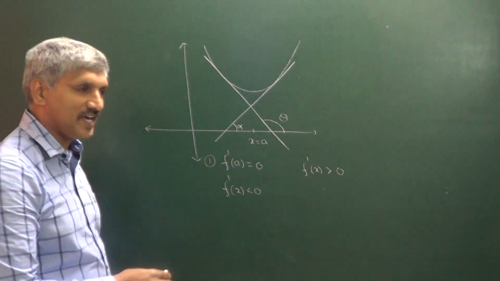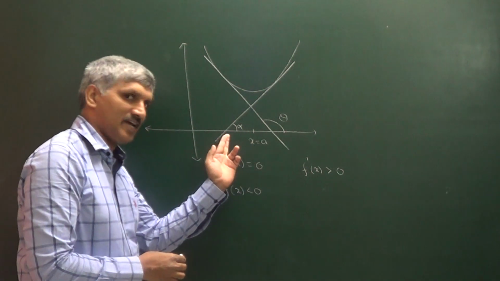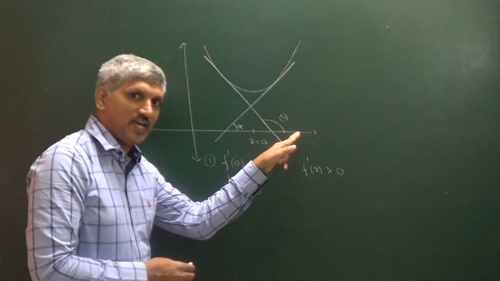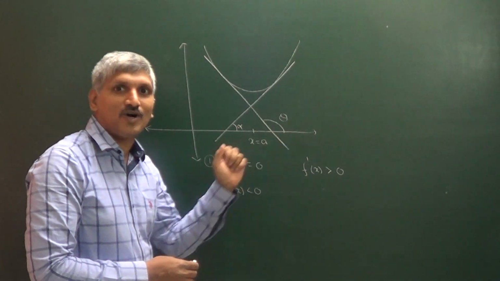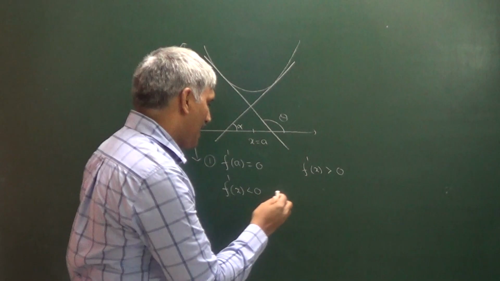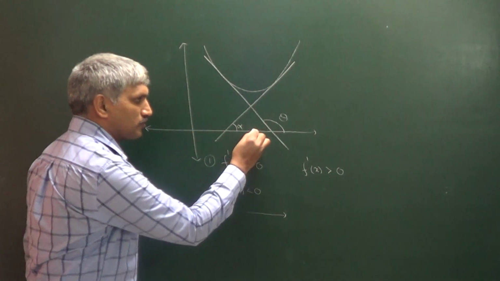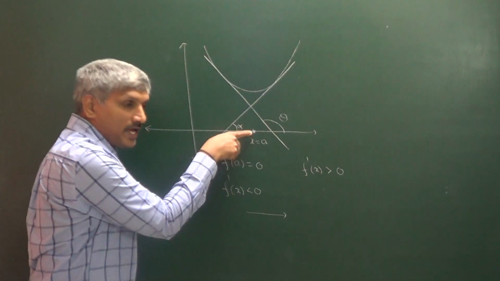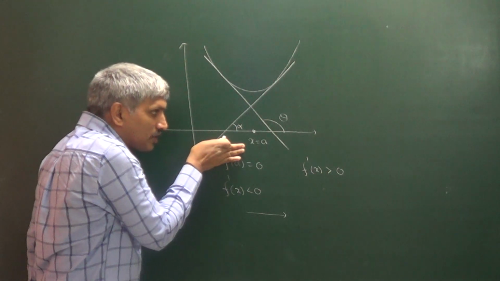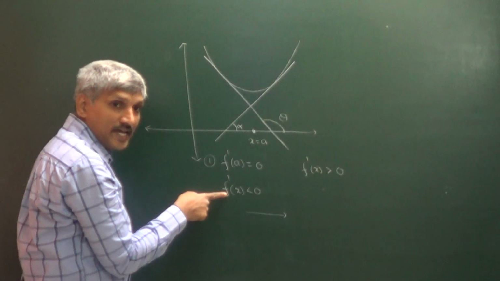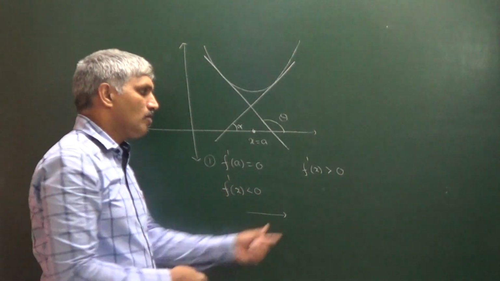So what happens here? To the left of a, f dash of x is negative. To the right of a, f dash of x is positive. So that means as x values are increasing through a, f dash of x changes its sign from negative to positive.